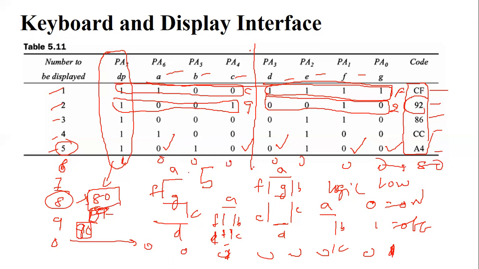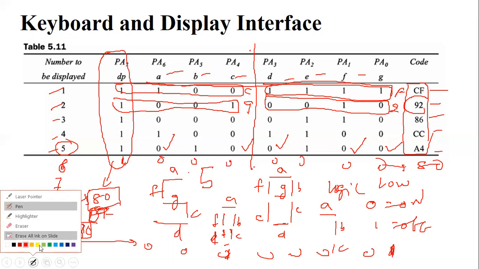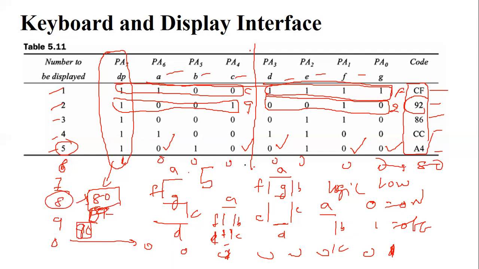Based on this display diagram, you assume which segment is on and which is off for the display numbers.